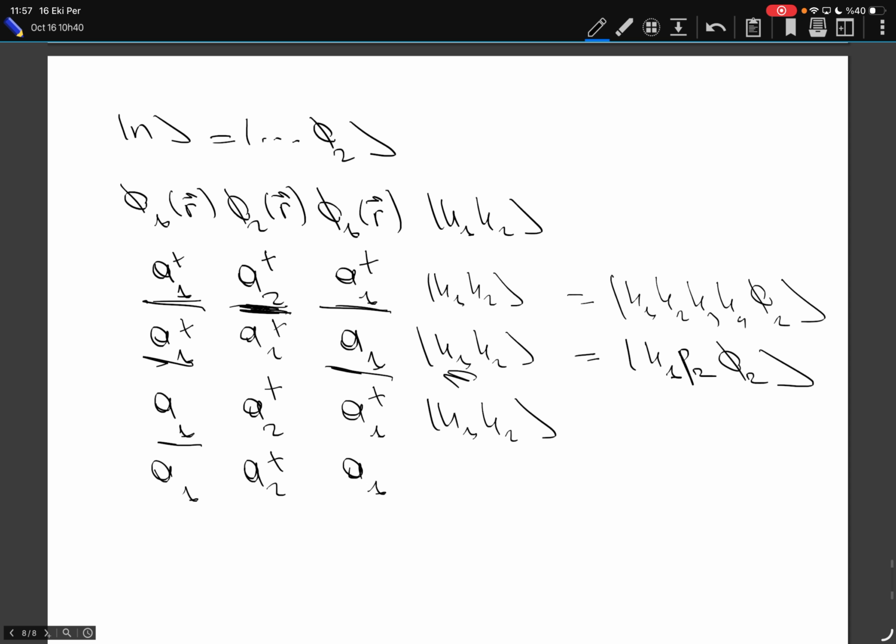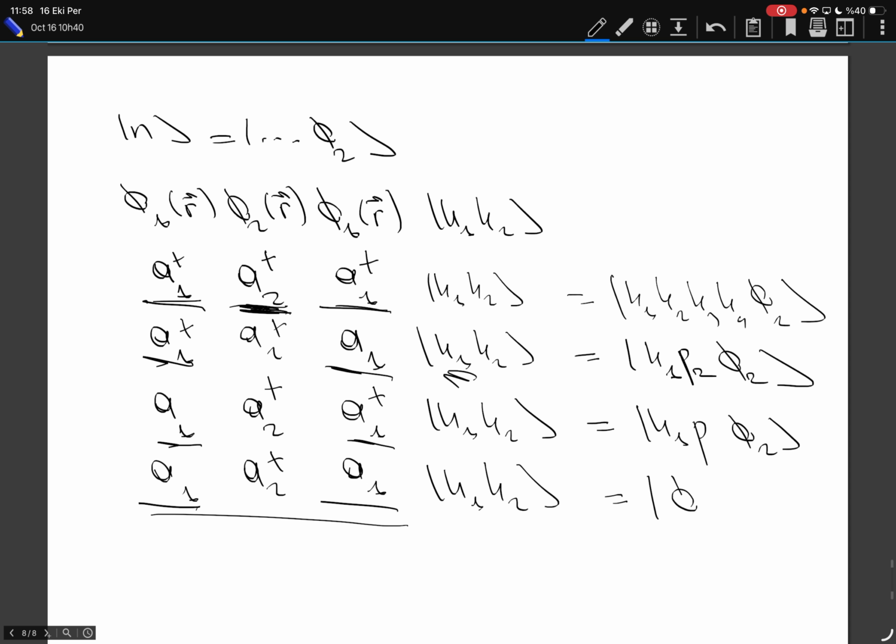In this case, this will annihilate something. This will create another phi 1 kind of particle. When I look at this one, both of them will be annihilated. It will create a state which only contains a phi 2 kind of particle.